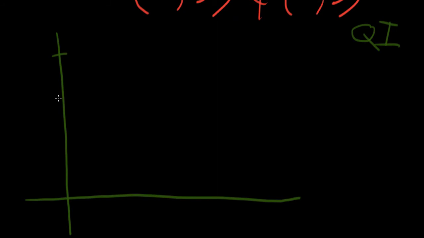So I've got my 3, 2, 1, and then 5. Let's go 1, 2, 3, 4, 5. And that's why it's important. It's just for getting the items on the graph properly.